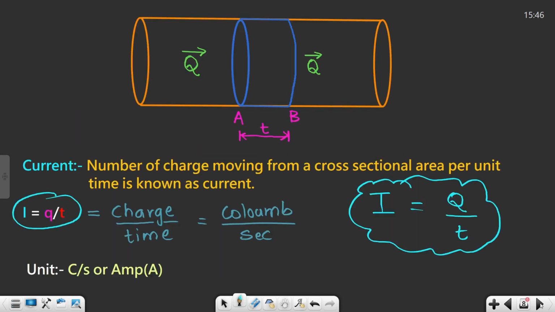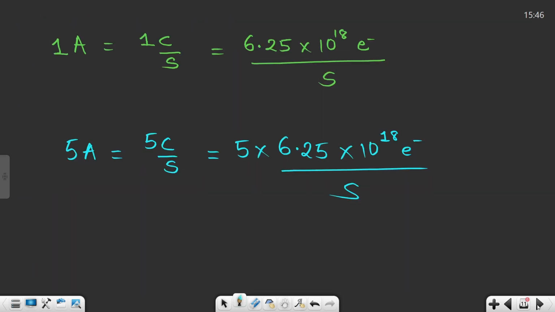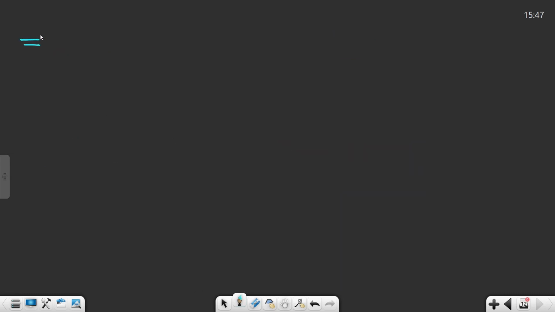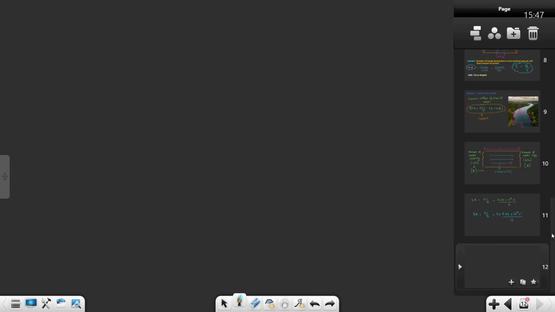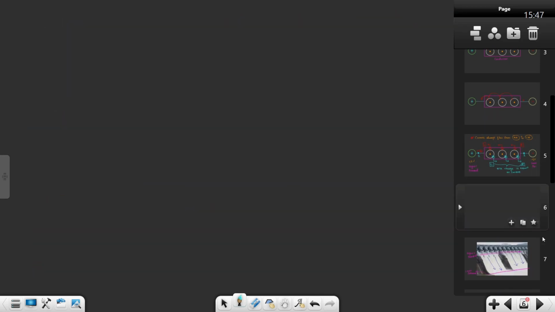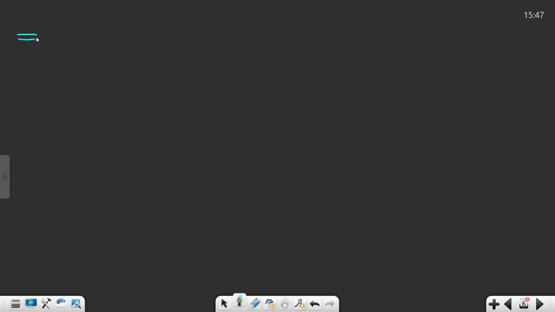Also remember this point, I'll just highlight it. Current always moves in the opposite direction of electrons. Although I have shown it in that image, I'll write that point over here so that whenever you refer to my PDF, there shouldn't be any confusion in your mind.